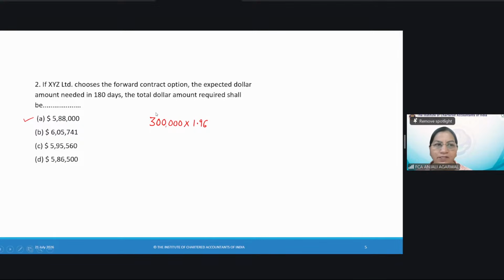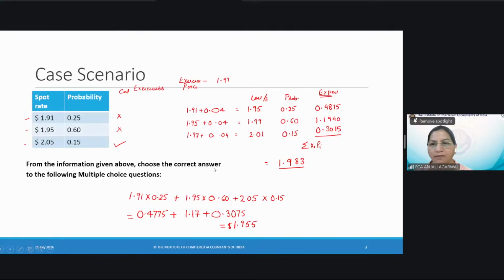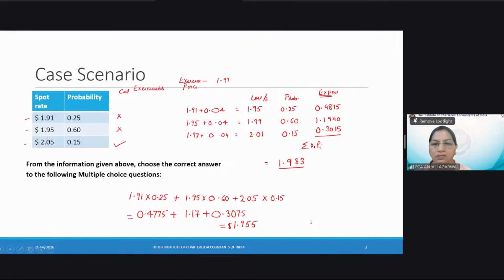The third question is, under the money market hedge, approximately how much will XYZ Limited repay after 180 days? This also we have calculated. The money market hedge said it would be somewhere around $6,05,742.